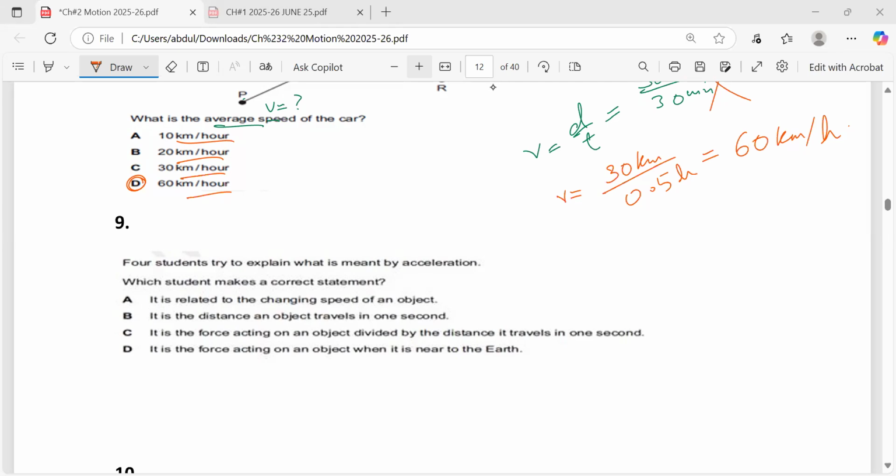Sarin, you are putting a tick with your answer. So by the way, this is correct. Yes, Lemar, your answer is correct. Razan, your answer is correct. MashaAllah. So it is related to changing speed.